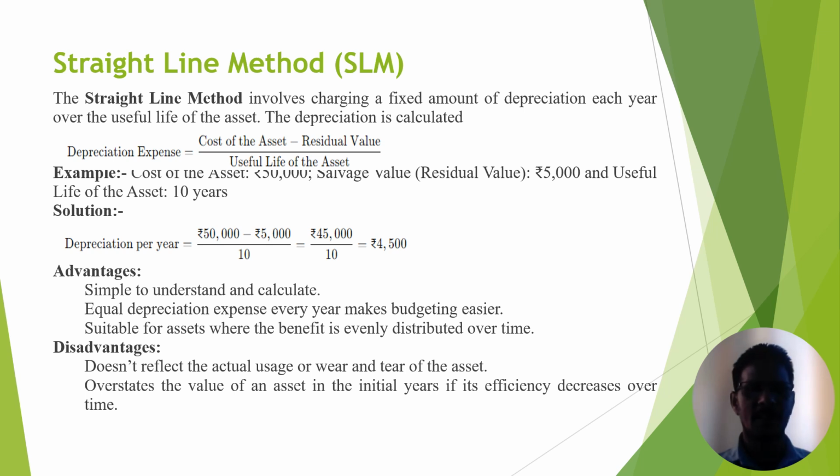Under this method we charge an exact, similar, fixed amount every year as depreciation. So from this information we can prepare the budget easily. Then, it is suitable for assets where the benefit is evenly distributed over time.